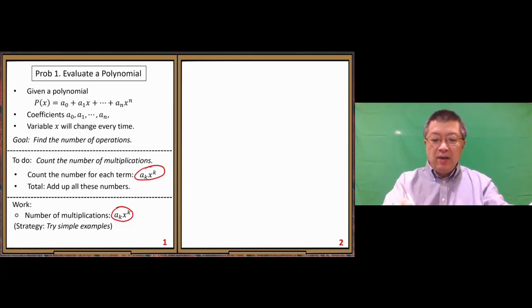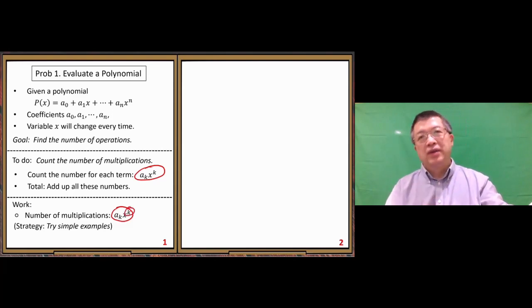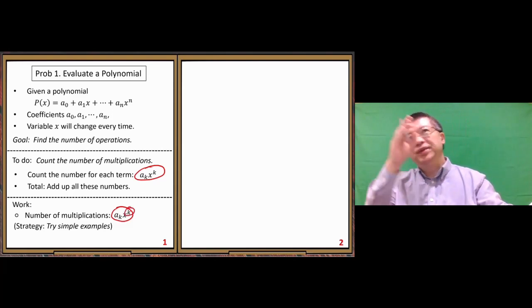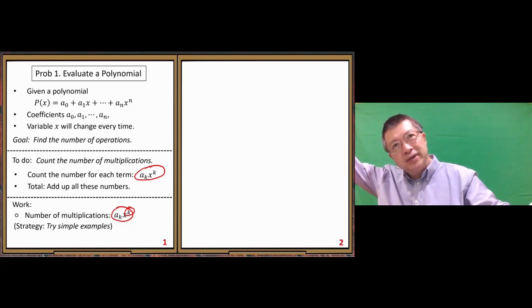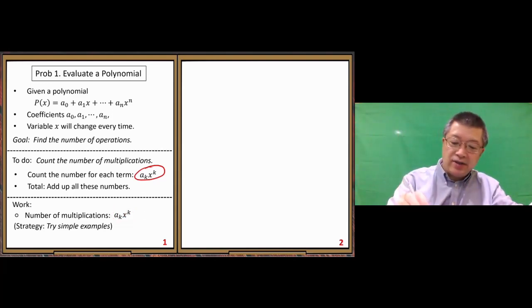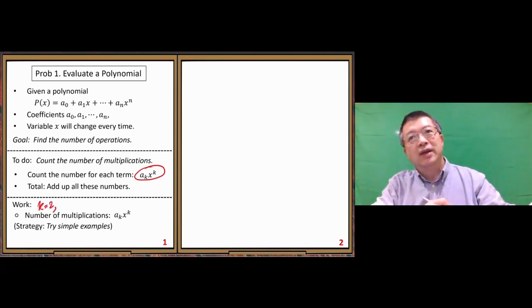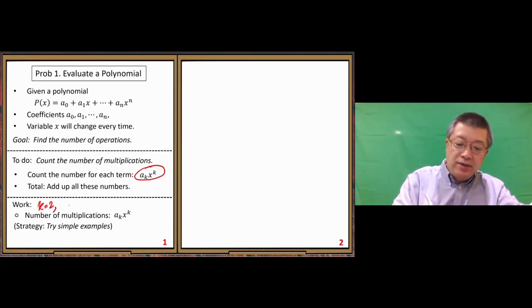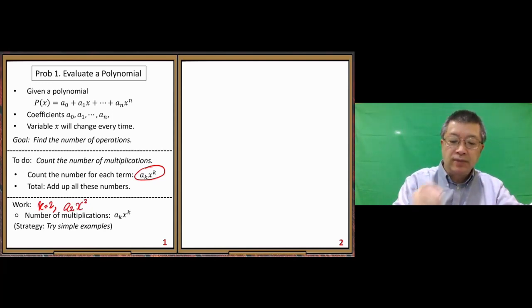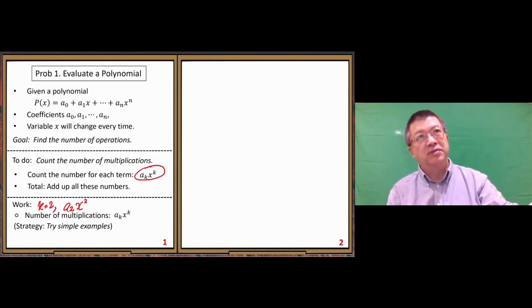Because this k can vary from 1, 2, 3, to n, let's try this. When k equals 2, that's a simple case. You need to look at the number of multiplications for this expression. How many multiplications?